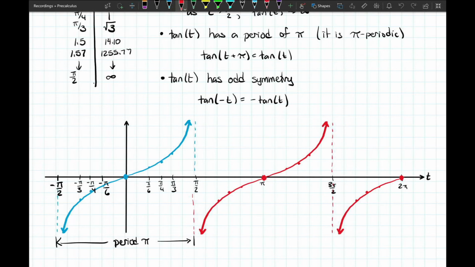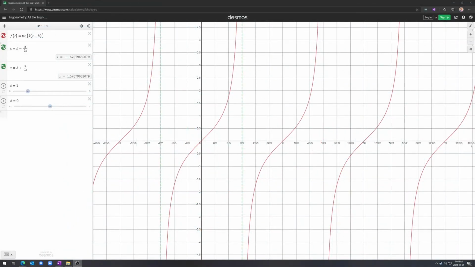We'll take a look at tangent and see what happens if we were to adjust the horizontal shift or phase shift, as well as the horizontal stretch or shrink, which would affect the period. Okay, so in Desmos now, I've just changed the function so we have the graph of tangent of k times t minus b.